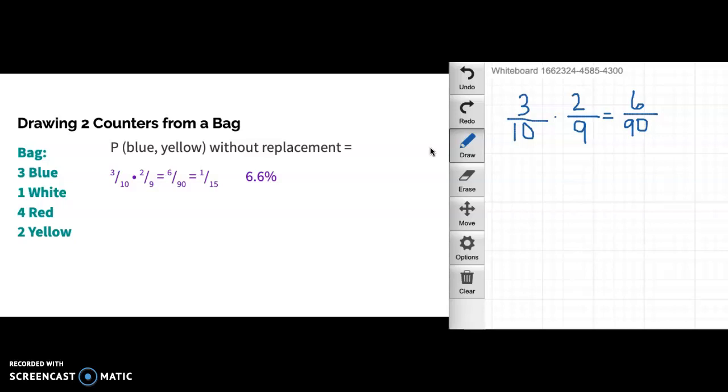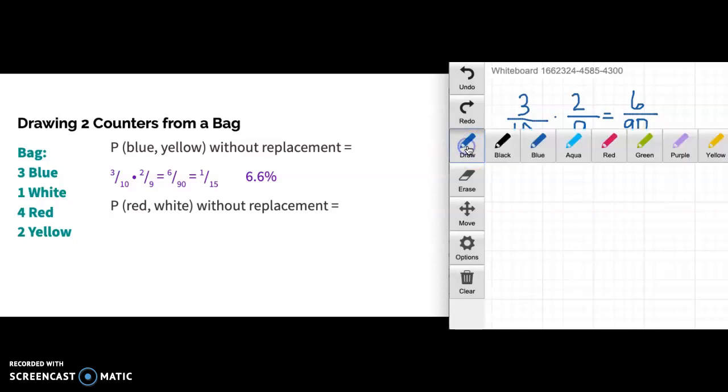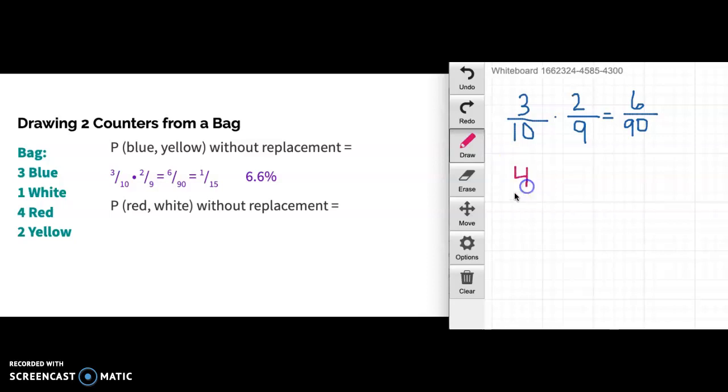Let's try another one using the same setup. Okay, this time we want to know what's the probability of getting a red and then a white. So I'm going to change my marker color. Probability of getting a red, we'll start there. There are 4 red counters in the bag, and there are 10 total counters when we start this experiment.